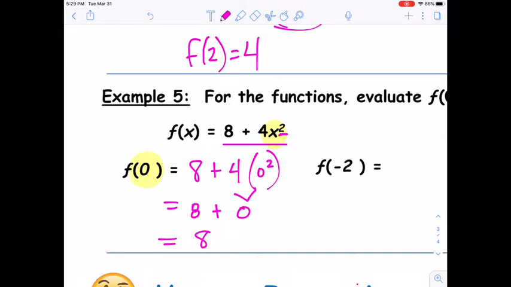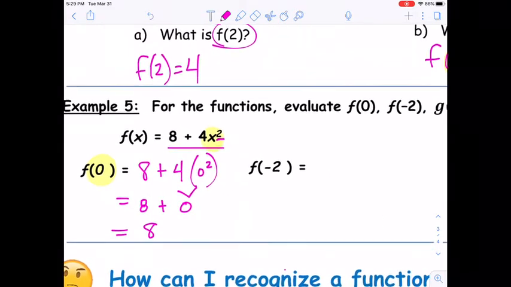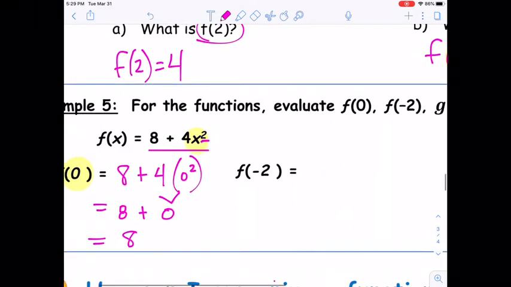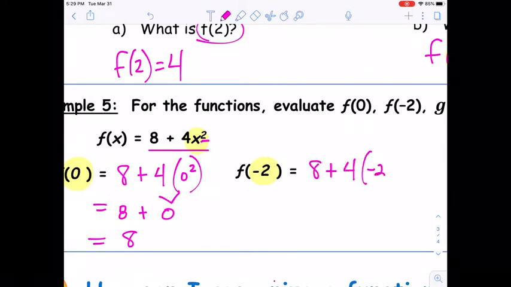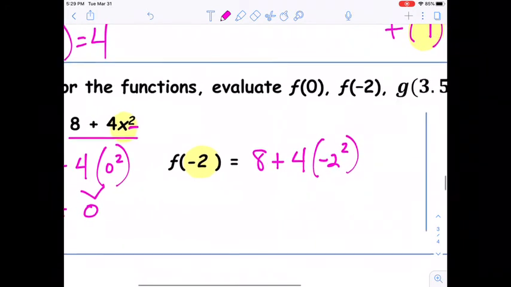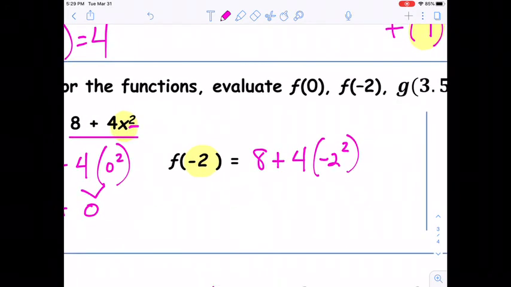Remember to use the order of operations, PEMDAS. F of negative 2. So now negative 2 is my input. I'm going to put that in for the x. 8 plus 4 times negative 2 squared. So again, order of operations says that I'm going to first do the exponent, and the only thing that's being squared is the negative 2, not the 4.